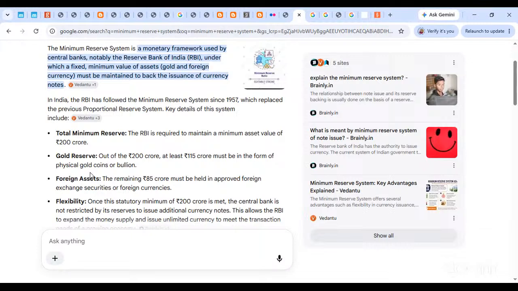The rest of that money has to be in the form of foreign exchange securities or foreign currencies. वो हम अपने पैसे में नहीं दूसरों की currency में रखते हैं. So 85 crores in the form of foreign currencies or foreign exchange securities, and 115 crores in the form of gold bullion or gold coins.